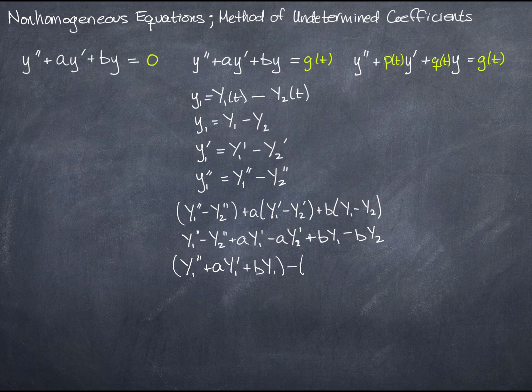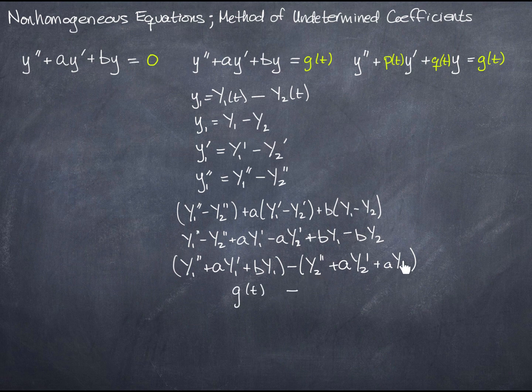And from that, I'm going to subtract, and I'm also going to undistribute the negative as I go here, Y2 double prime plus a Y2 prime plus b Y2. And we know what this is because big Y1 is a solution to this differential equation. This whole thing here has to be equal to g of t. So that's g of t right there.